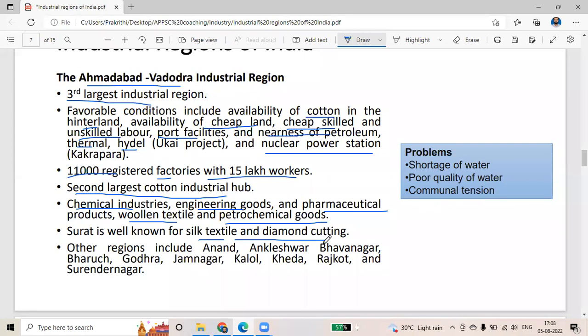तो यहाँ का other regions है आनंद, अंकलेश्वर, भावनगर, भरूच, Godhra, Jamnagar, Kalol, Kheda, Rajkot, and Surendranagar within this region.